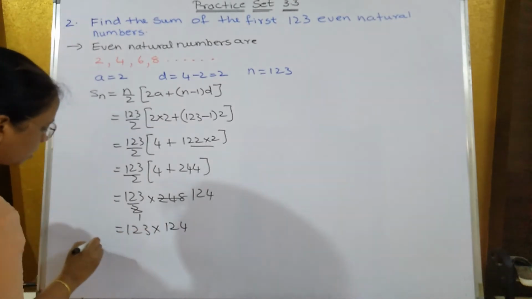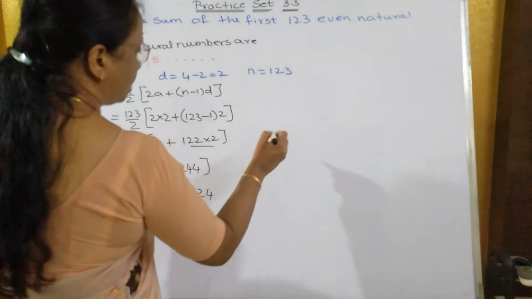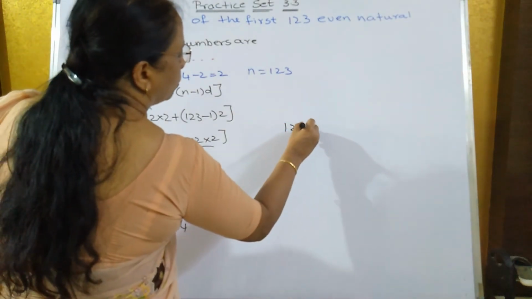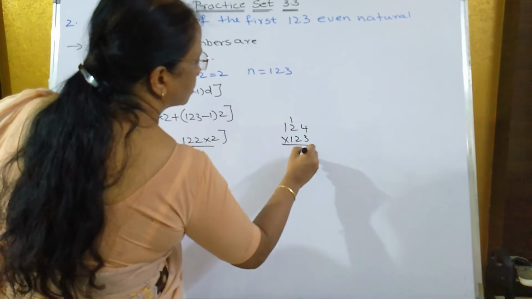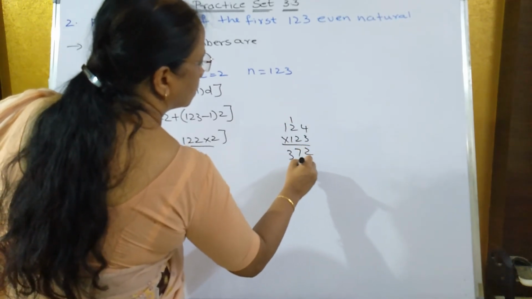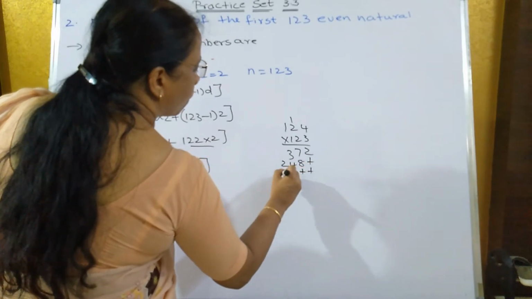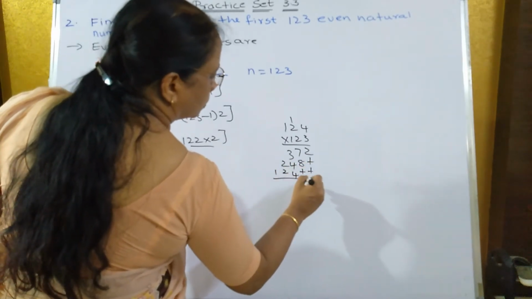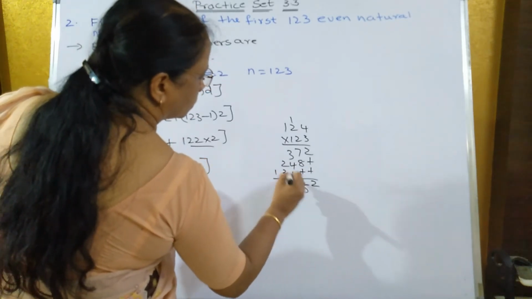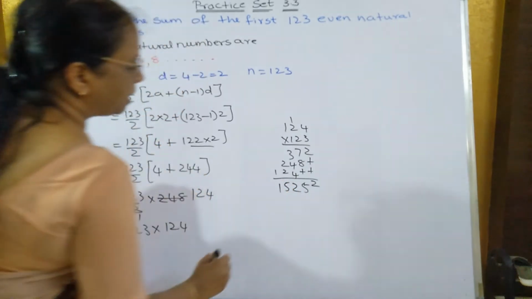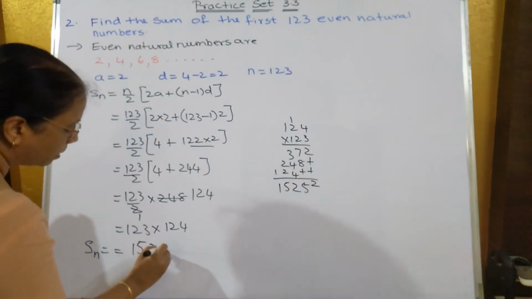So what is Sn equal to? We'll multiply 124 into 123. So what do you get? 15252. So the final answer is 15,252.